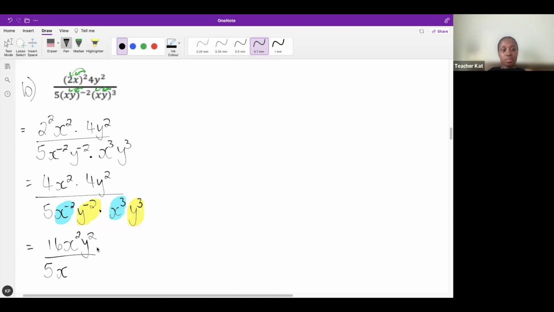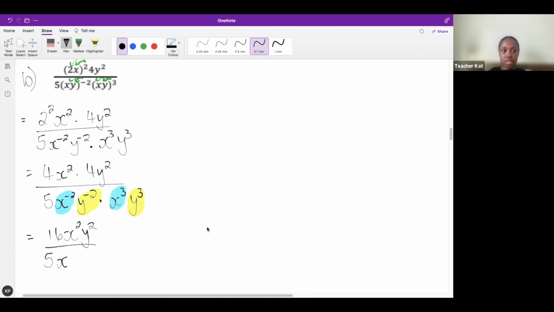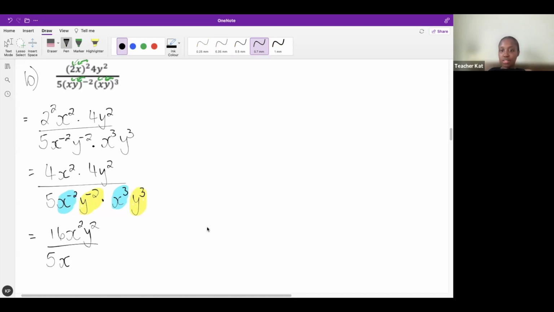And y to the power of negative 2 plus 3, which is also going to give us 1. So it's just xy. Okay, are we done with the sum? What's left for us to do in the sum? Divide. We can still divide.